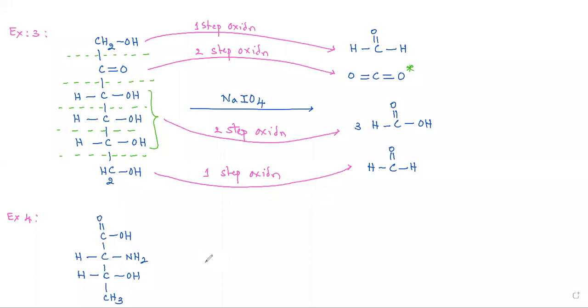Look at this. Of course, it is an acid. But you know, with respect to this, your amino group is at beta. If suppose this is alpha, then this would be beta, right?